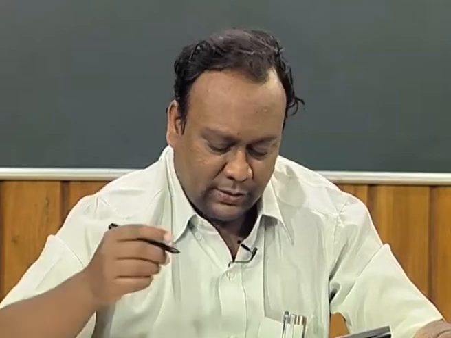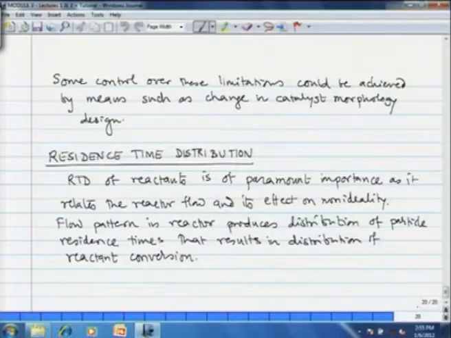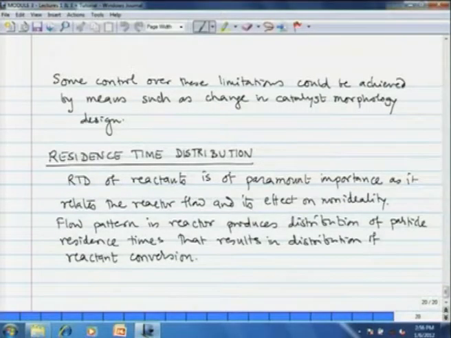Then the next issue is the residence time distribution. You have already had a detailed treatment of residence time distribution in the course on reaction engineering. So, here I give you only general background. Residence time distribution of reactants, typically in a flow reactor, is of paramount importance because it relates the reactor flow and its effect on non-ideality.